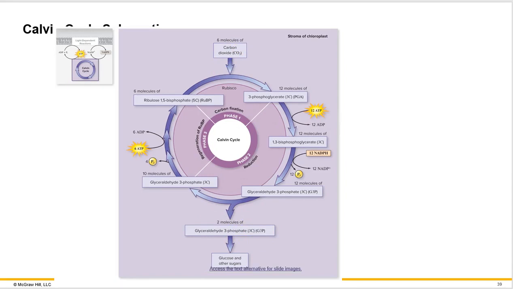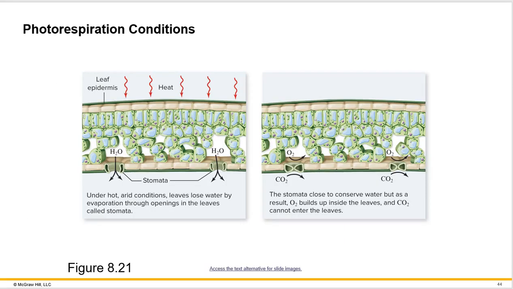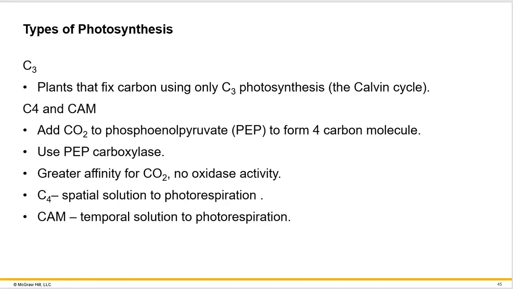Well, if that's the case, then plants have these alternate methods of fixation. C3 plants are plants that fix carbon using only photosynthesis, the Calvin cycle. And a lot of plants are C3 plants. There are C4 plants that add carbon dioxide to this stuff called PEP, and it has a greater affinity for carbon dioxide, so you don't bond your Calvin cycle molecules to oxygen.